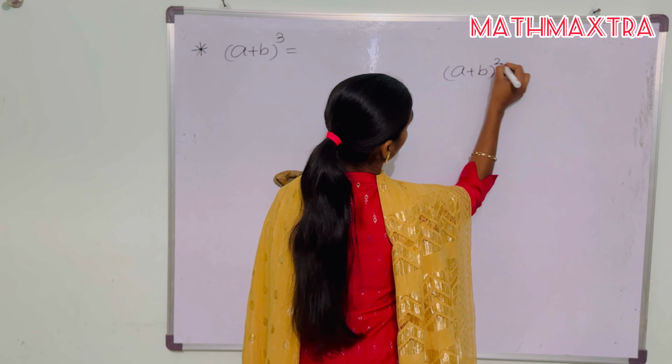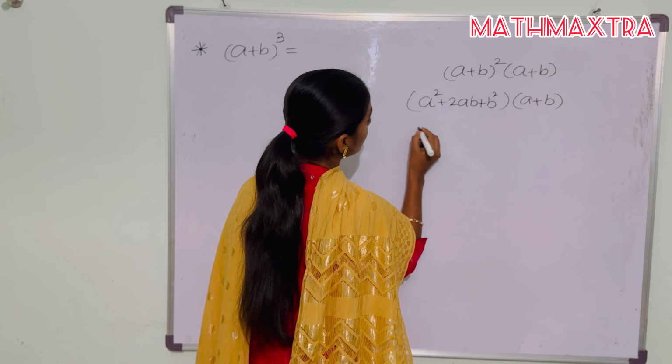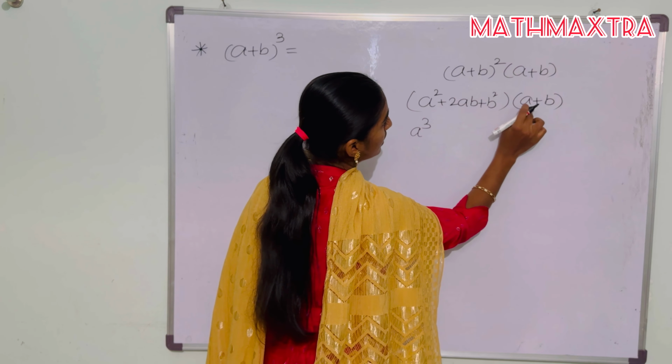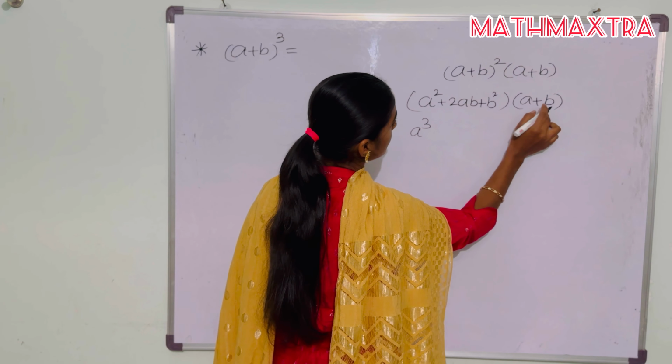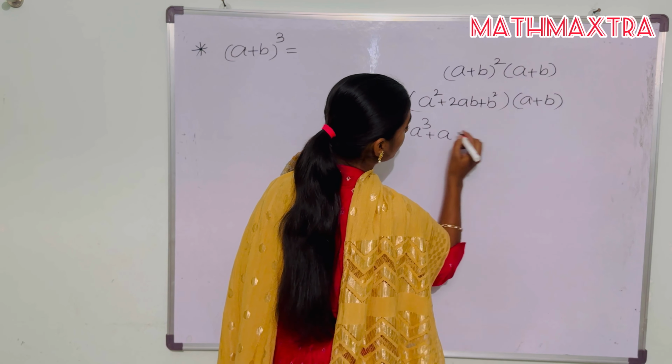Which is a square plus 2ab plus b square, and it is multiplied with a plus b. You simplify this, which is a square into a, a cube, plus a square into b, a square b, plus 2a square b plus 2ab square plus b square a plus b cube.